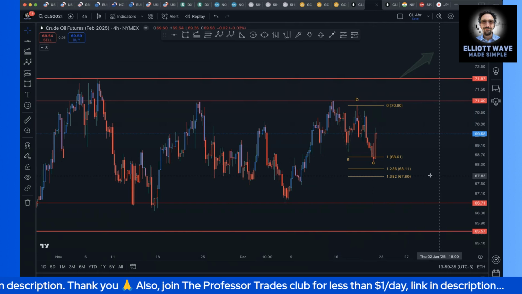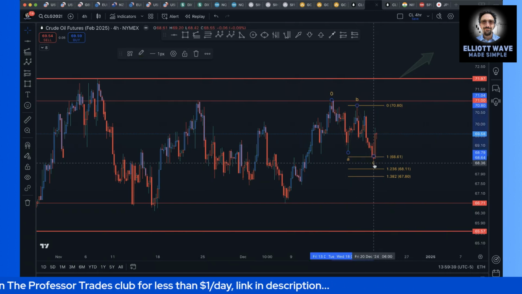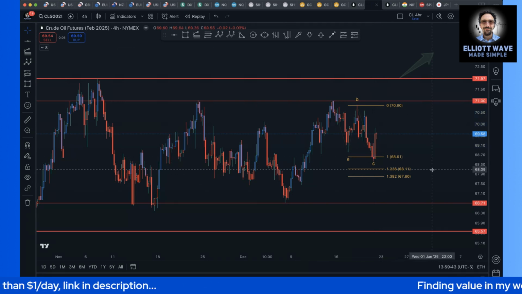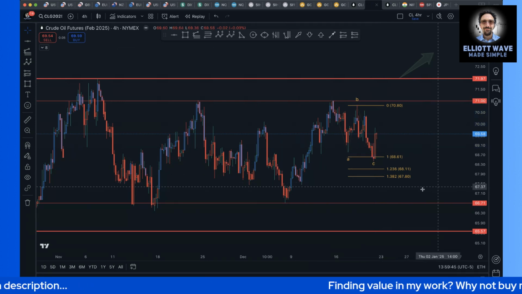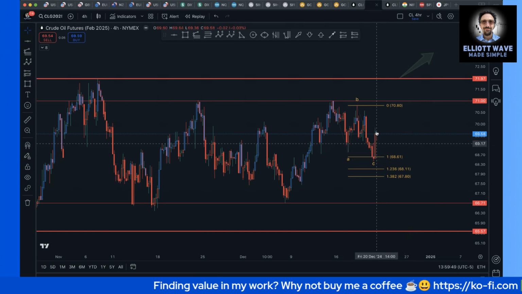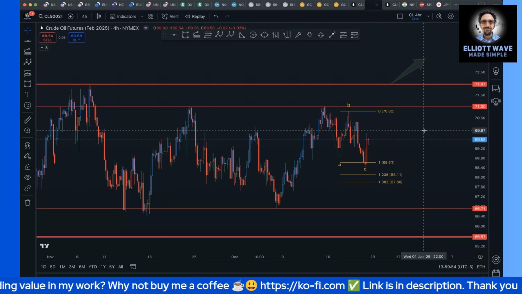So this is three waves down, and the yellow fibs, if you've been following me at all, you know the yellow fibs are typically what I'm looking at when I'm looking for three-wave structures. And if it wanted to extend, it had every chance to do so, but the size of this bounce has me thinking it's going to come back up.